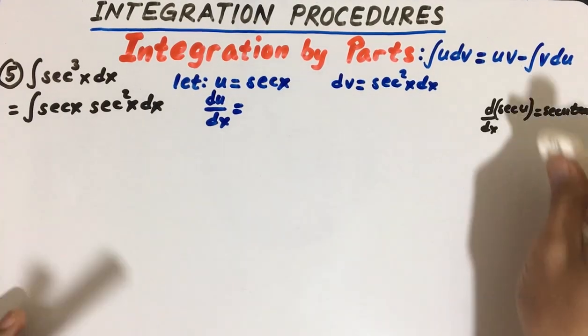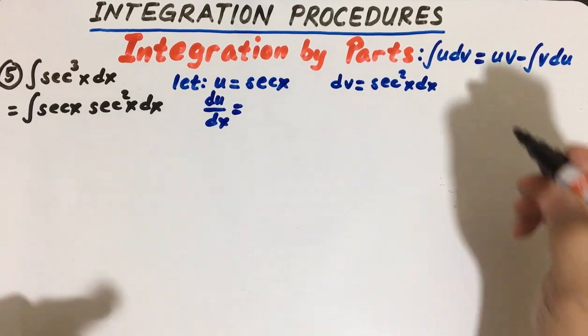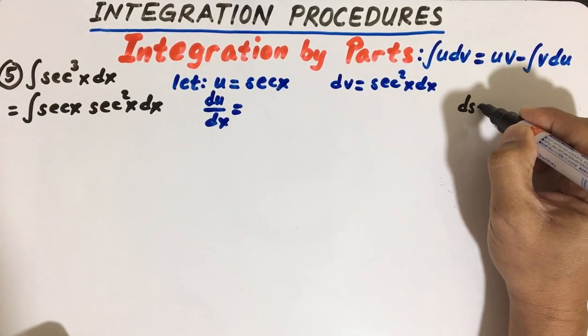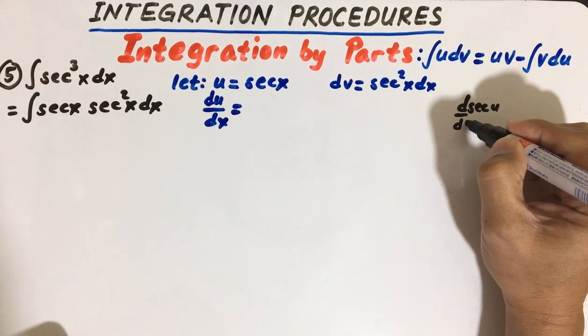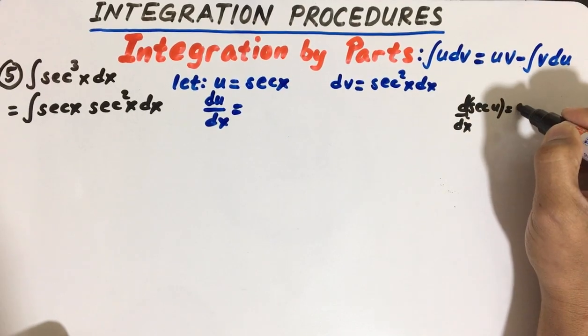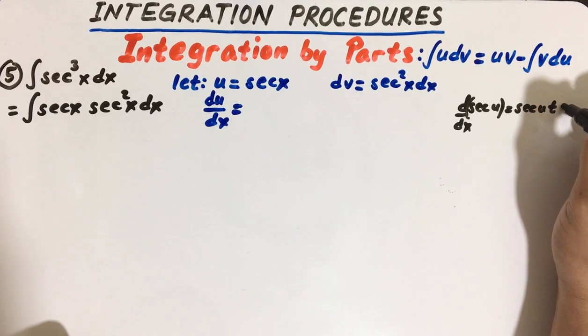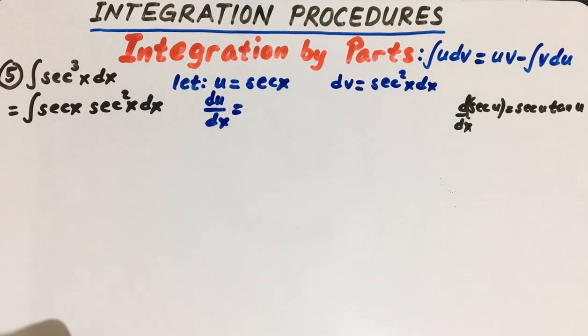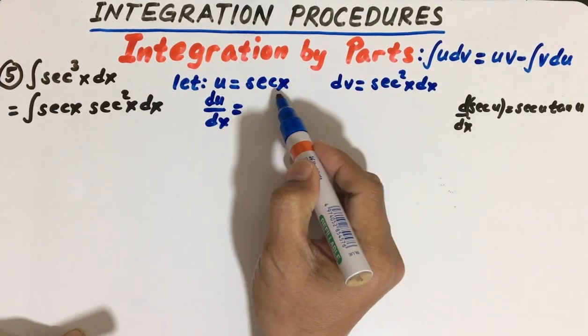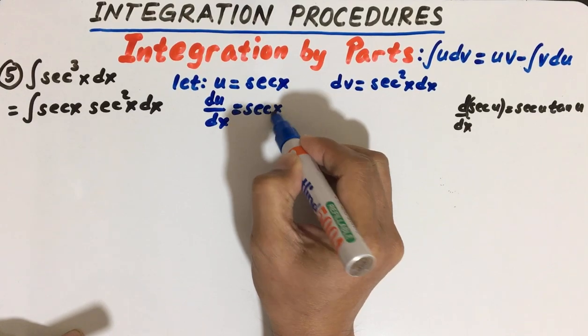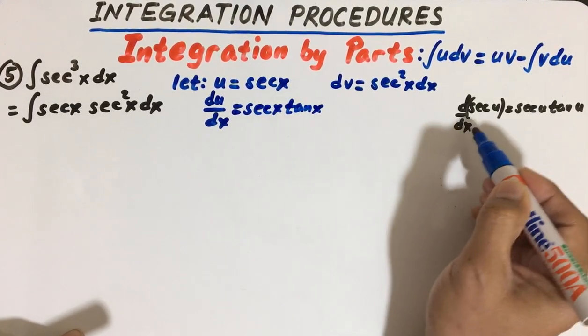If you have the derivative of secant u with respect to x equal to secant u times tangent u, then from our derivative of u with respect to x, this is equal to secant x tangent x, following this formula.